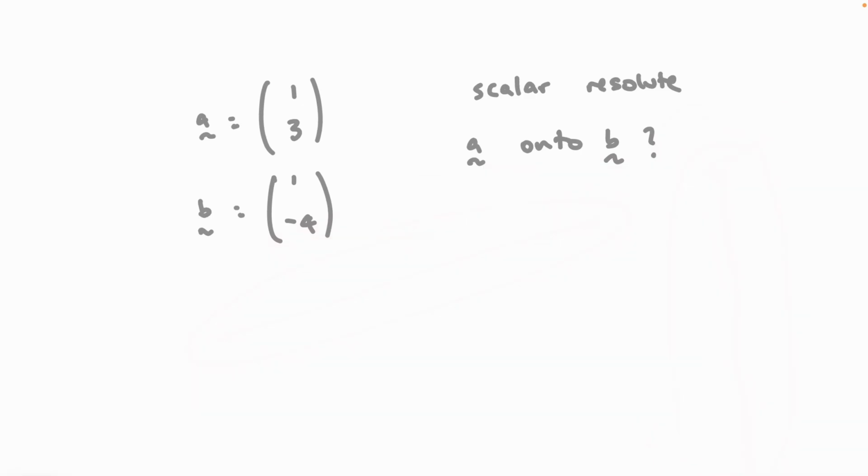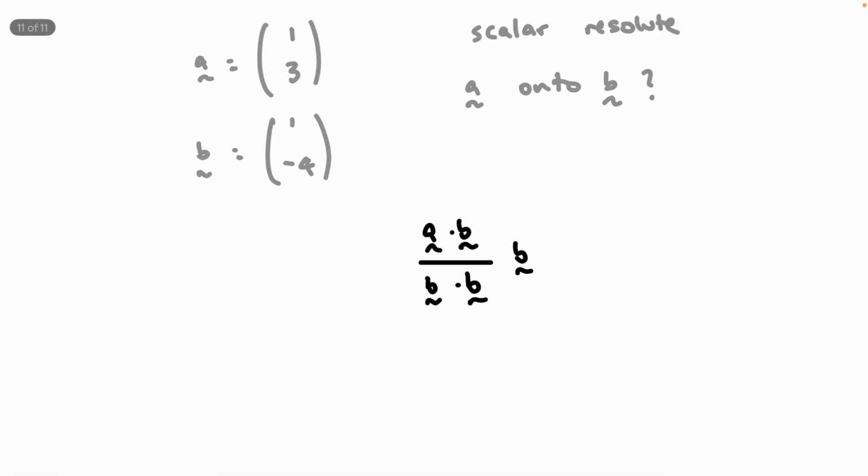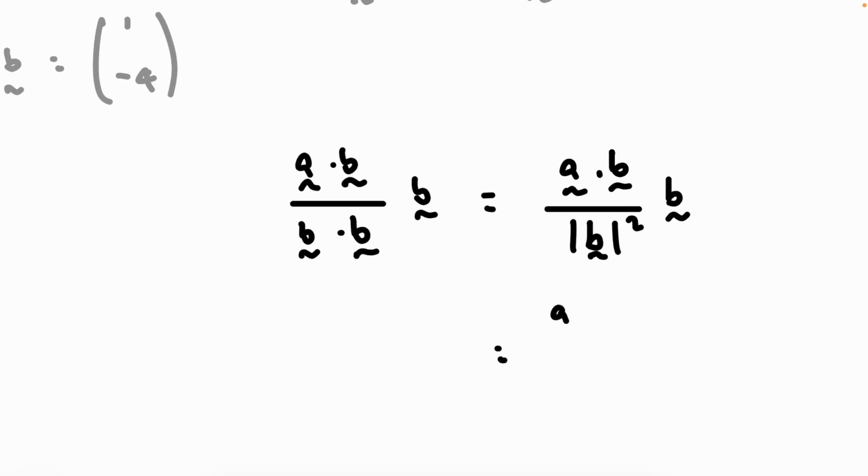So in this case, let us analyze the vector projection formula. A dot b divided by b dot b, and then b. Well, what we can say here is, if we have a look at this equation, we can rewrite this as a dot b divided by the magnitude of b squared, and then b. In other words, we can also say a dot b divided by the magnitude of b, times by b divided by the magnitude of b.